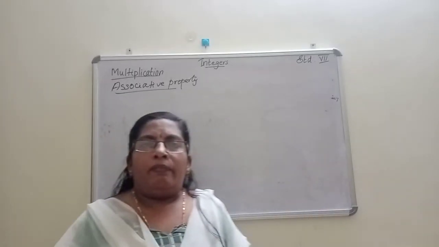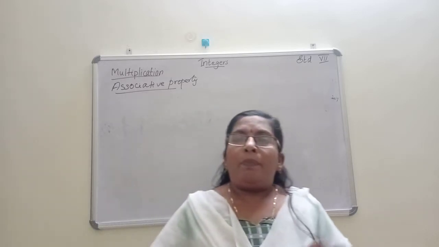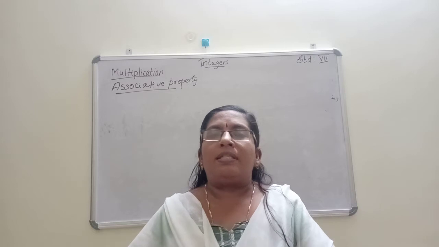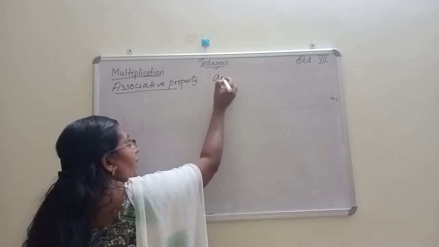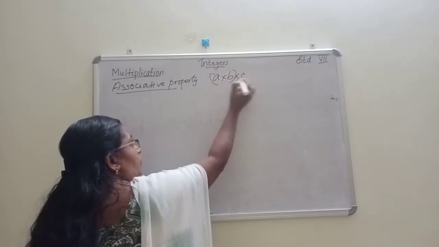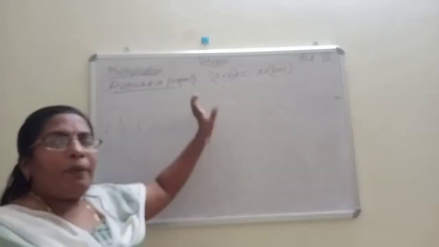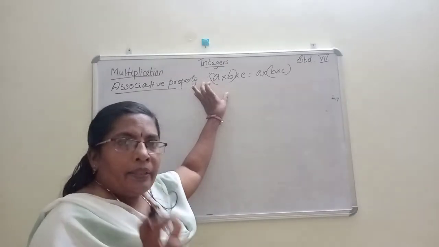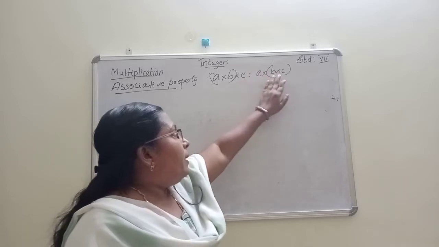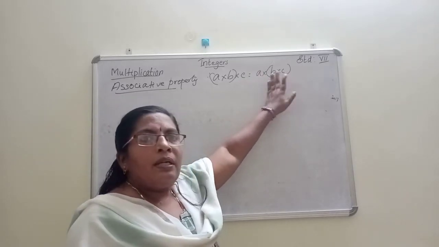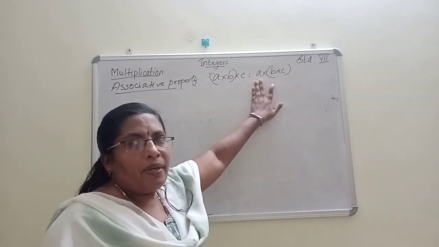Here also, when we take 3 integers and multiply in any grouping, it gives the same answer. For example, A into B into C equal to A into B into C. That is, when we multiply the first 2 numbers and multiply that product with the third number, it gives the same answer as when we multiply the last 2 numbers and multiply that with the first number.